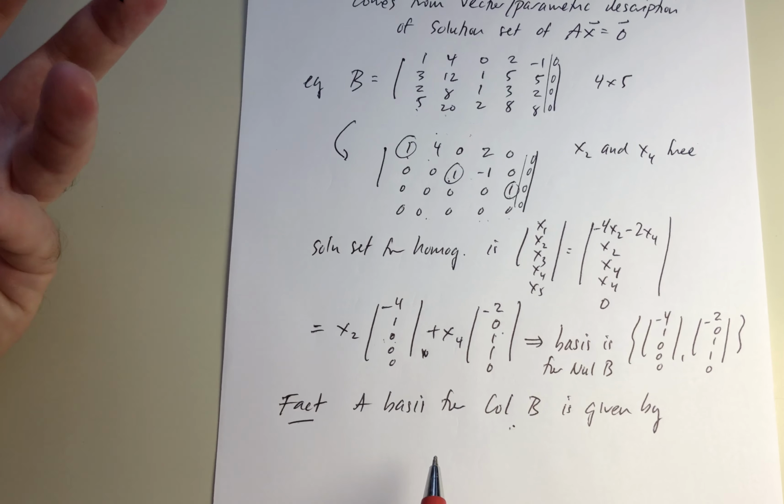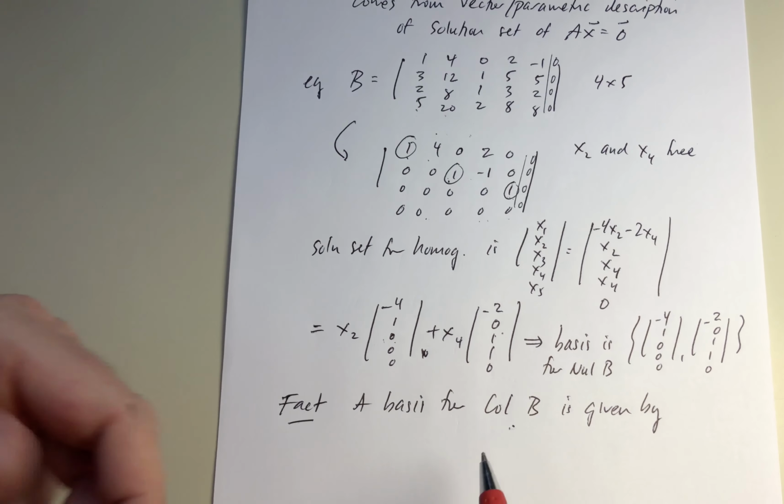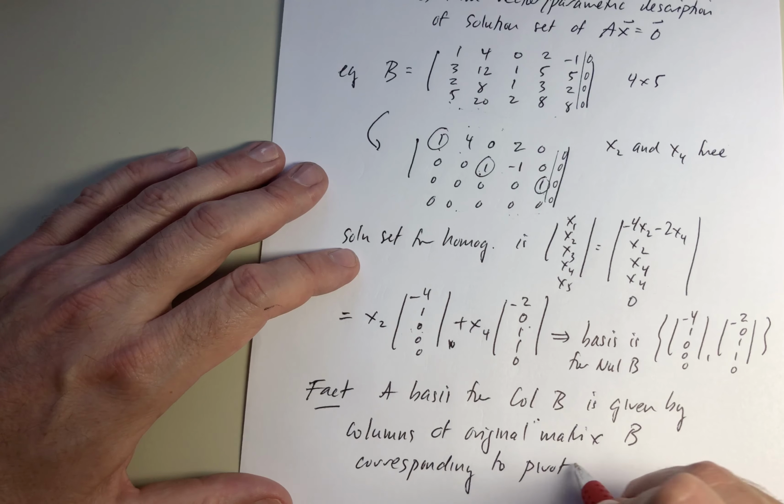So the idea, according to our spanning set theorem, is that we should be able to choose some subcollection of these vectors to get a basis for the column space. And here's how you do it. The basis for the column space of B is given by the columns of the original matrix corresponding to pivot columns.